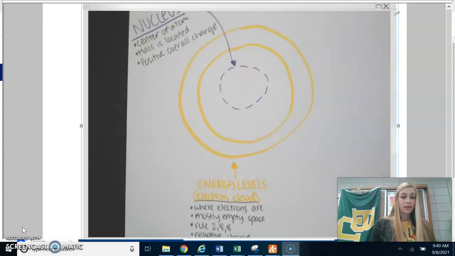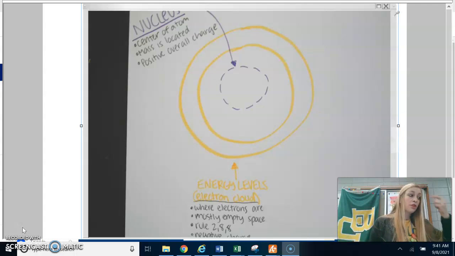When we are looking at an atom, the parts of the atom are either in the nucleus or in the energy levels. So an atom is made of 3 subatomic particles. That means 3 parts of an atom. Subatomic particles, parts of an atom. The 3 parts are protons, neutrons, and electrons. Think of your characters from the story.